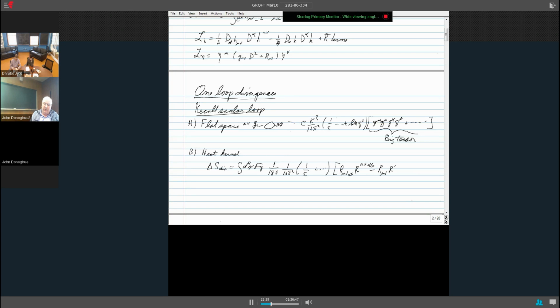The second way we did it is we came back and we did a heat kernel, where the mathematicians have done all the work for us, and we found that this was equivalent to delta S divergent equals the integral d4x square root of minus g. Here I know the constant. It was 1 over 180, 1 over 16 pi squared, 1 over epsilon, dot, dot, dot.